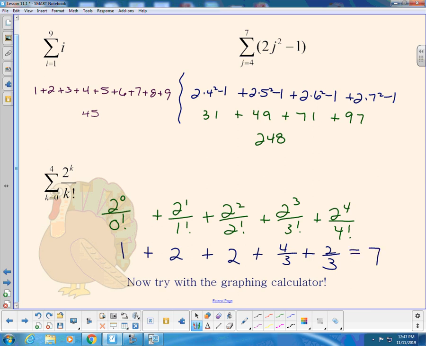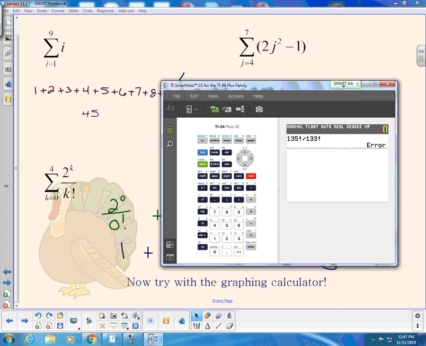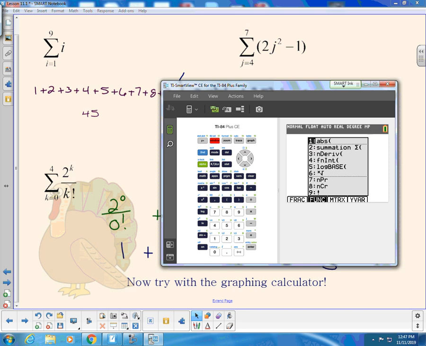All right. Now you can do this with your calculator. So again, there's times you're going to be able to use your calculator, times you won't. Let's pretend you can. So again, in the little shortcut menu, the alpha window menu, you see it says summation. Number 2. And you're just going to fill it in using X instead of whatever.